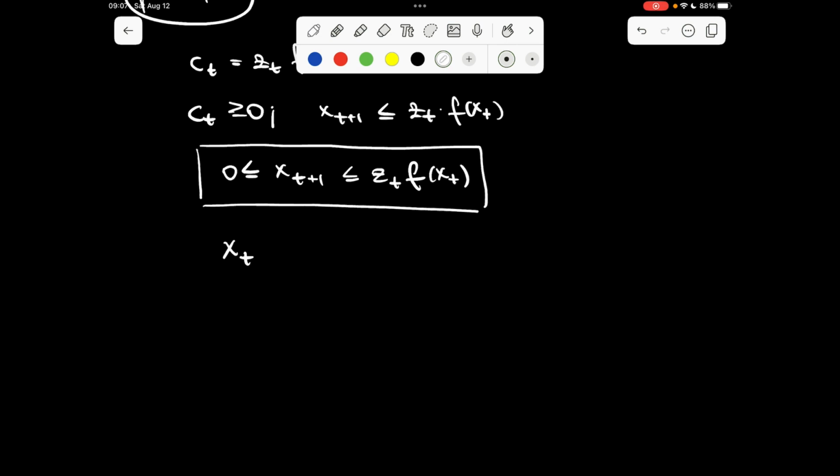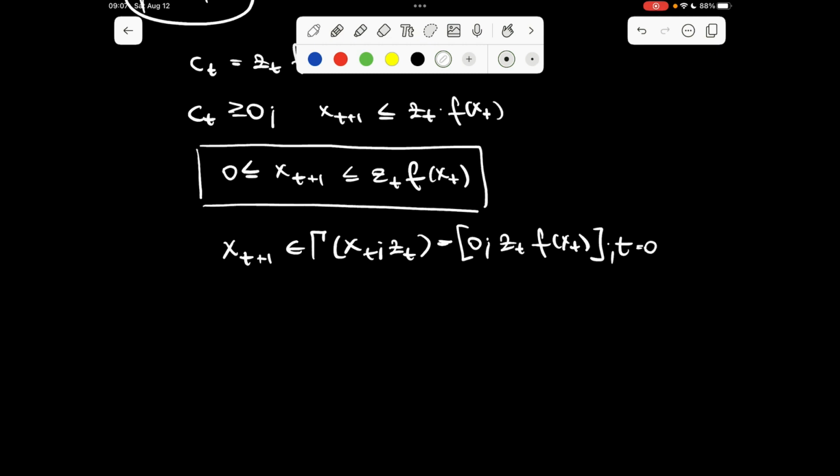So we have just ensured with these relations that next period's capital stock, period t investment, must be in the feasibility set for every period.